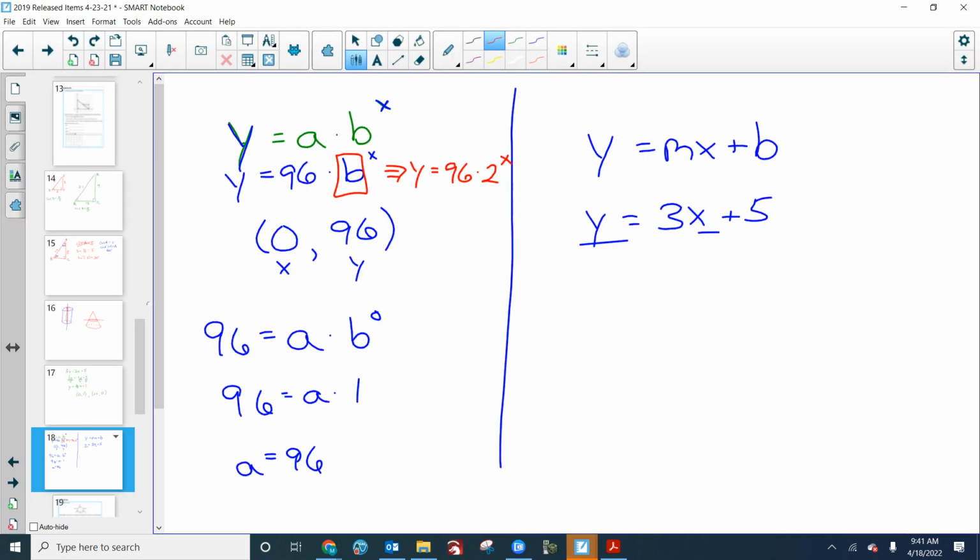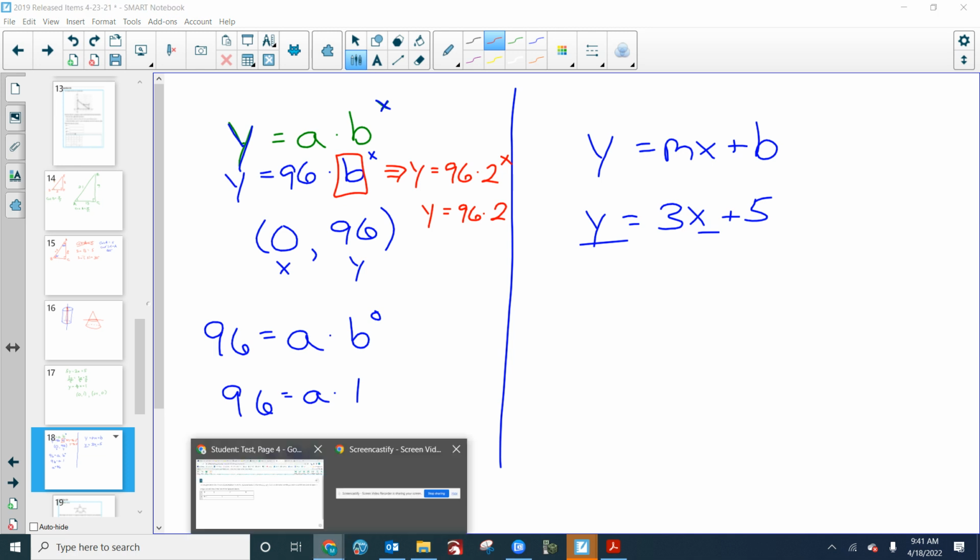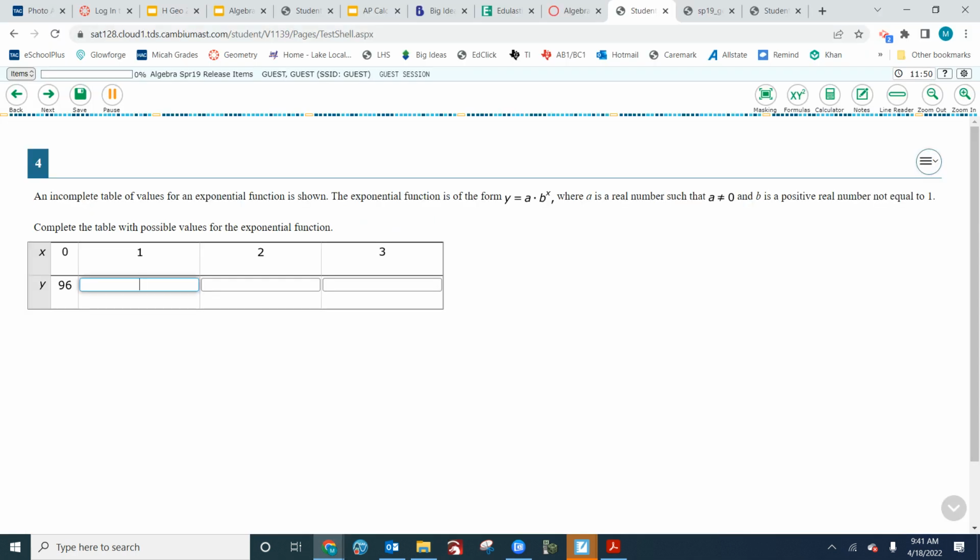When x is 1, y equals 96 times 2 to the first power, times 2. What's that? 192. So in this table, we type in 192.